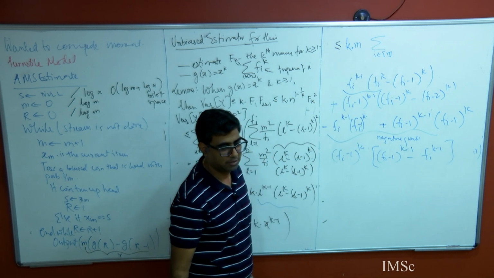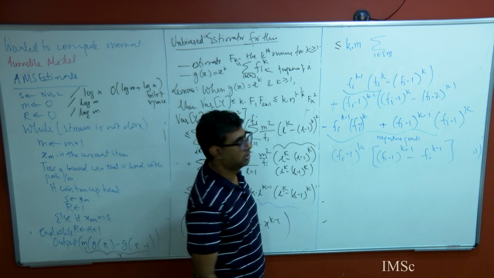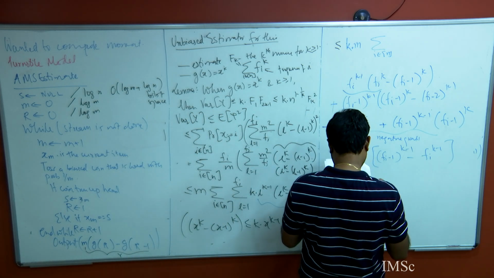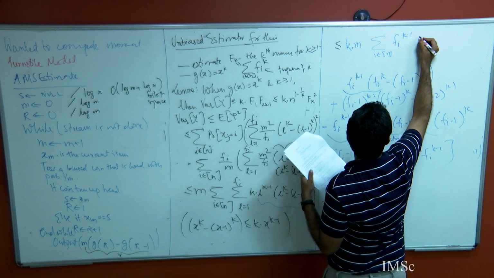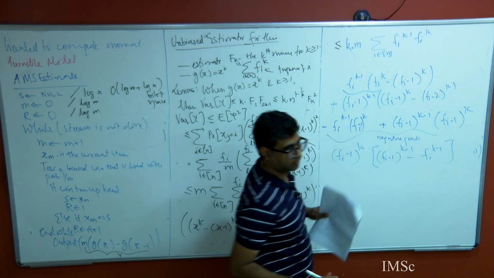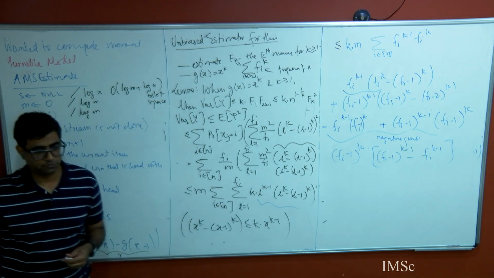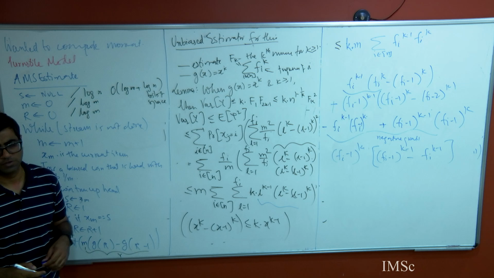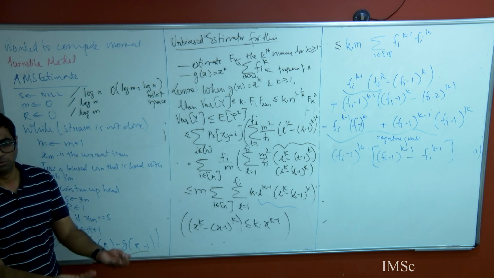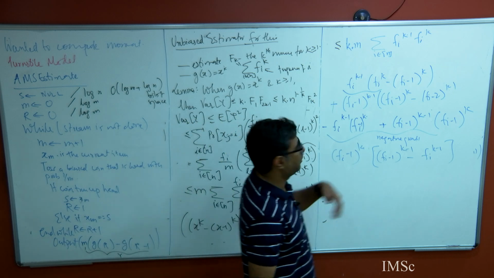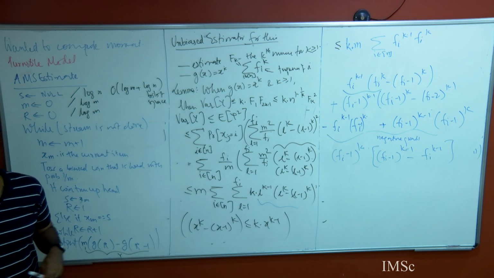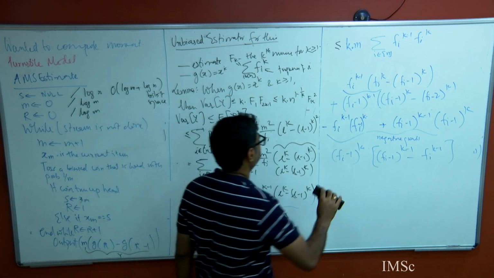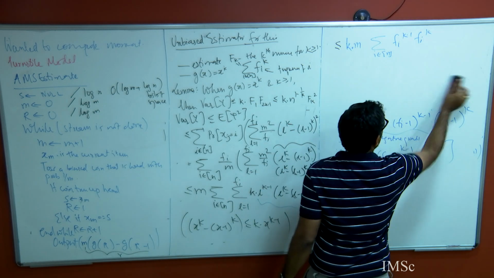The rest are negative. So if I am interested in an upper bound, I can write it down as fi to the k minus 1, fi to the k. That's it. Because you can group these two terms together and all these are negative terms, so they only contribute negatively. So if I am only interested in an upper bound, I can use this as my term. Okay, excellent.